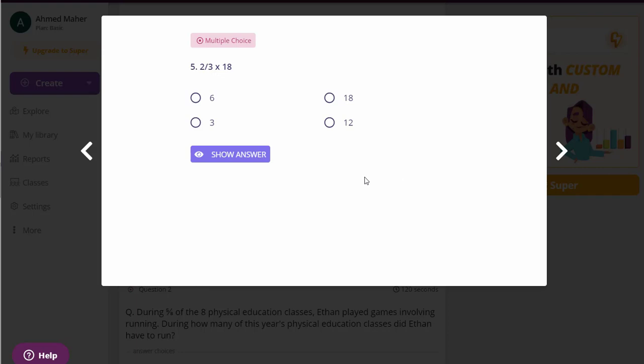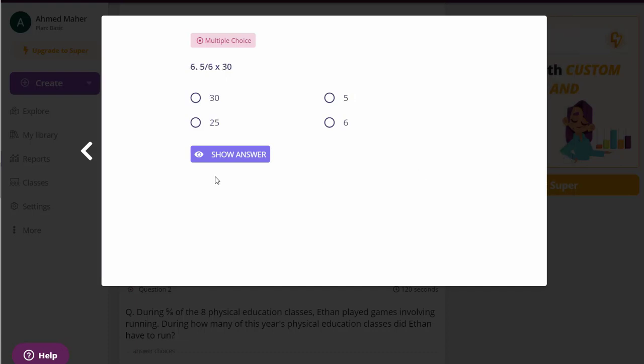Okay. For the next one, 2/3 multiplied by 18, you will get 36/3, and as a whole number, it will be 12.